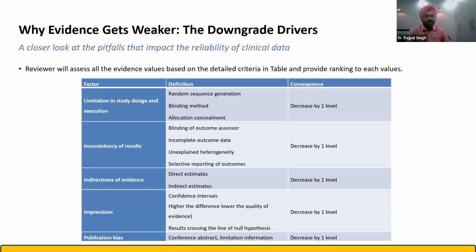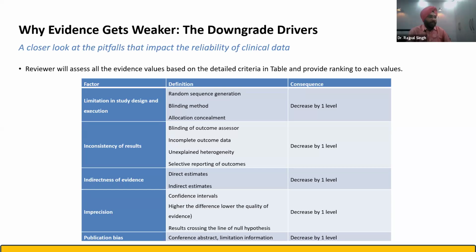That means they have deliberately not reported 2 outcomes, and the chance might be that their drug has not worked to that level or the outcome was not positive for them. You will identify it similarly if there is unexplained heterogeneity or selective reporting of outcomes. So if any of this is happening with that clinical trial, we will decrease from moderate to low.